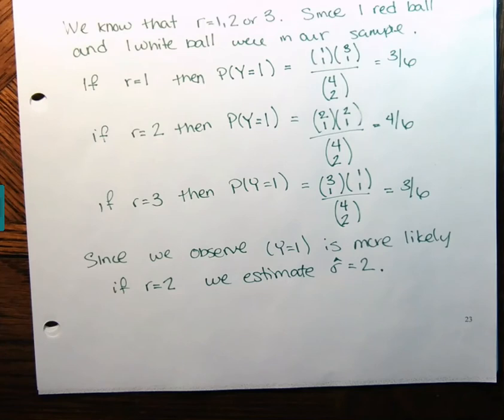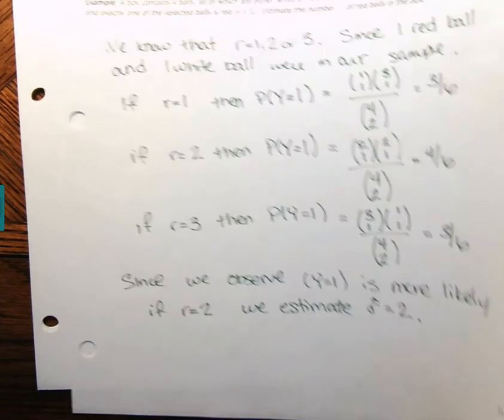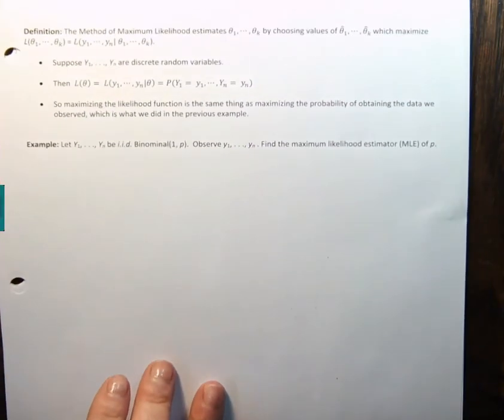Now this is for a discrete distribution. We're going to focus on how to do this with other discrete distributions, but also with continuous distributions. So looking at our definition here, the method of maximum likelihood estimates theta 1 through theta k. So we can estimate multiple parameters here by choosing values theta hat 1 through theta hat k, which maximize the likelihood.